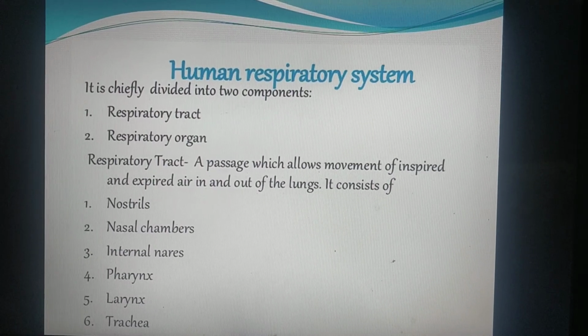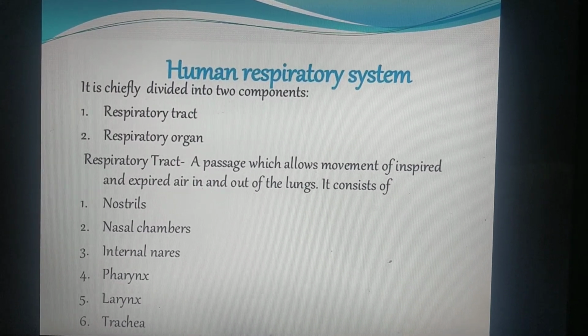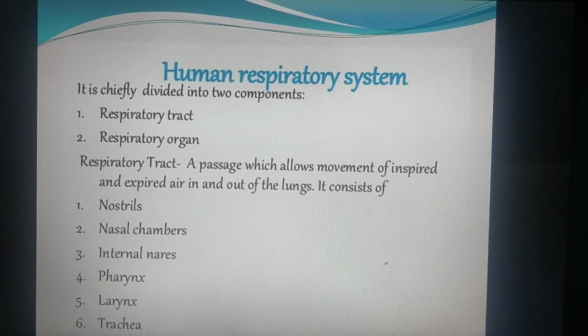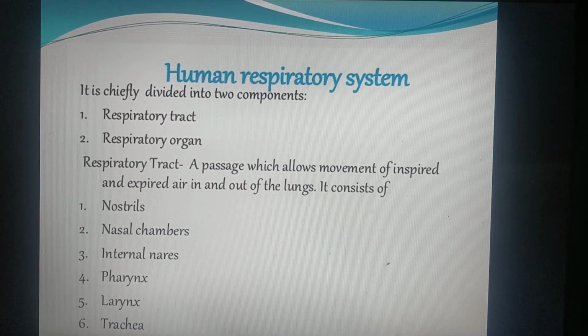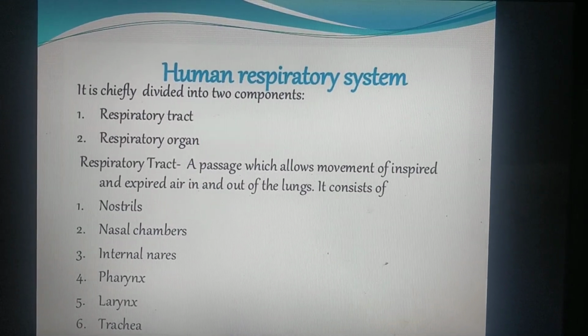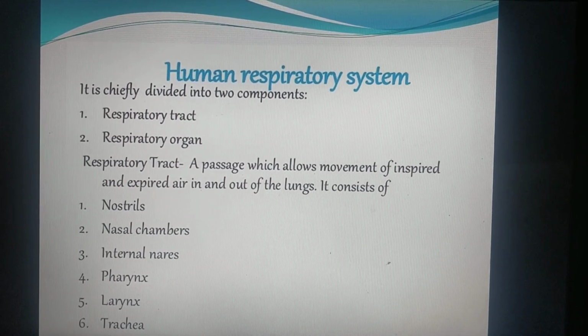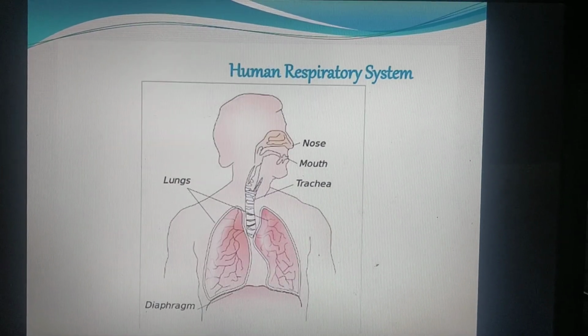The respiratory tract or passage allows movement of inspired and expired air into and out of the lungs. Lungs are the respiratory organs. The respiratory tract includes nostrils, nasal chamber, internal nares, pharynx, larynx and trachea.